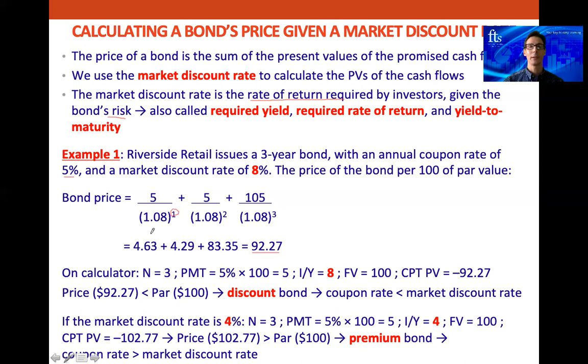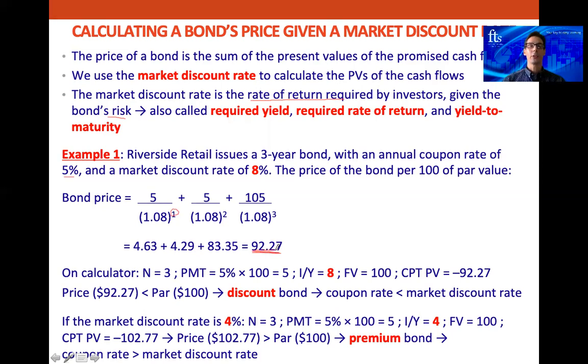So $5 in 1 year's time is worth $4.63 today. And we do the same with this one. We're getting this $5 in 2 years' time, end of year 2, discounted back 2 years, so it's worth $5.29 today. And the final payment, the big one, the 105, we discount back 3 years. So the 105 is worth $83 today. So this is the value of the bond today.